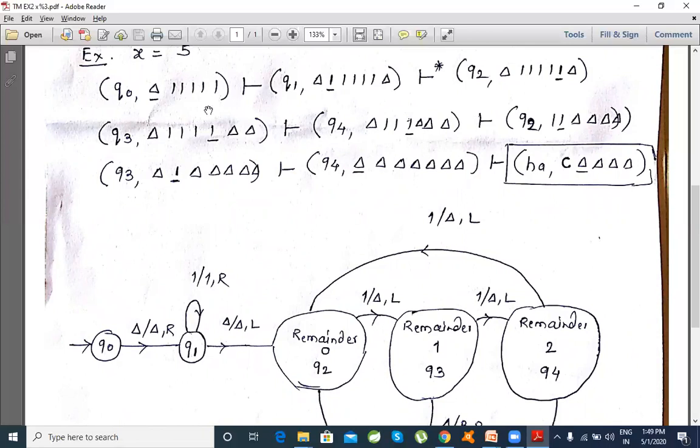I'll repeat: once the input is given on the tape, the Turing machine reads every one until it reaches null on the right-hand side, and then from this null it reads the input from its left one by one and starts counting.